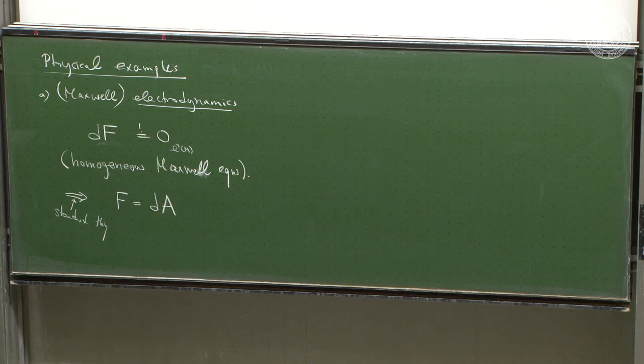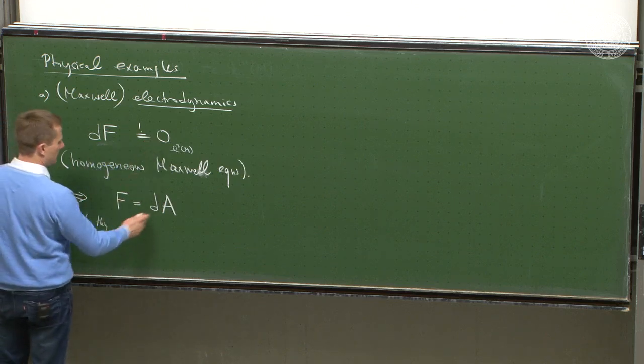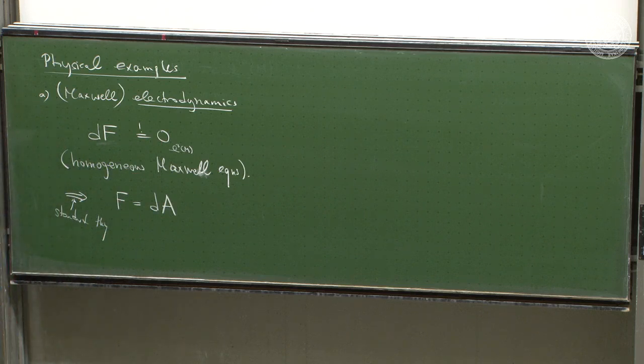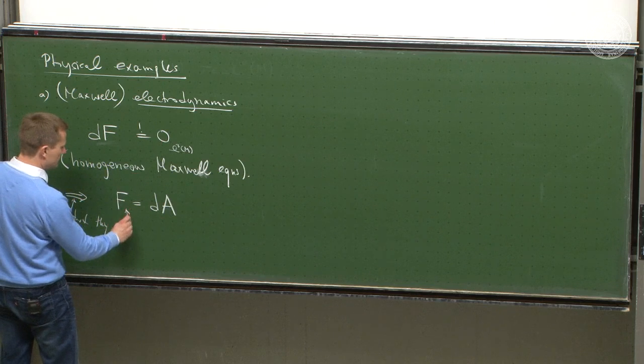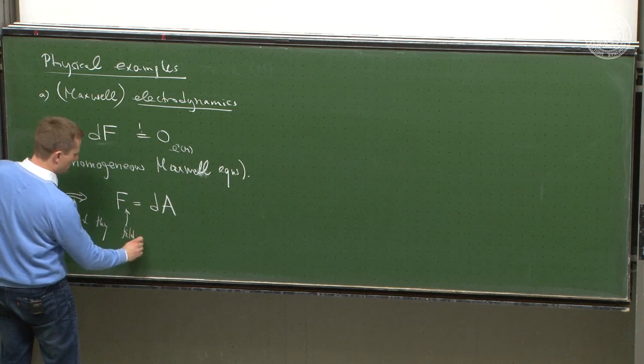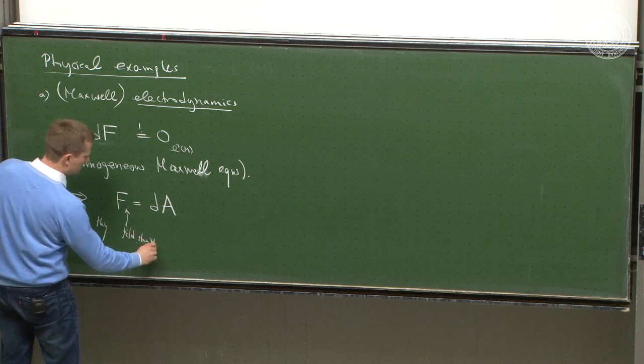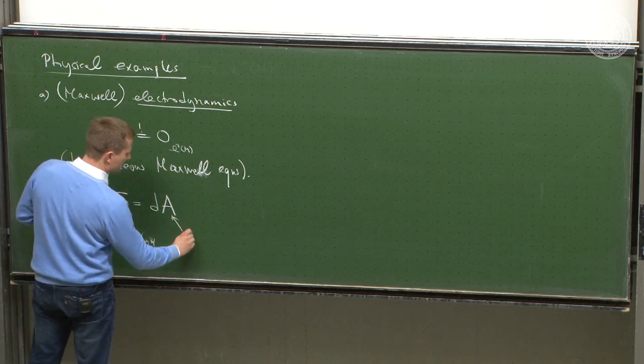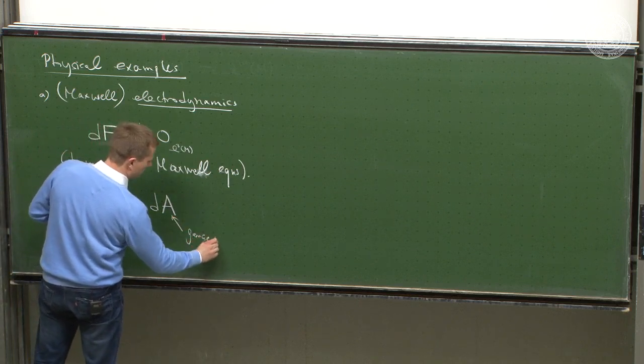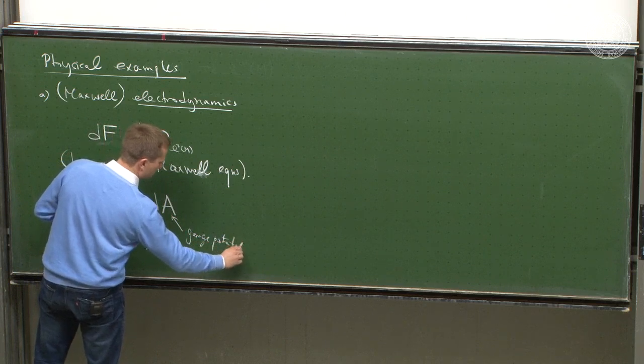So F is a 2 form, and now this can be written as this exterior derivative. And if this guy is called the field strength, this guy is called the gauge potential, or simply the potential.